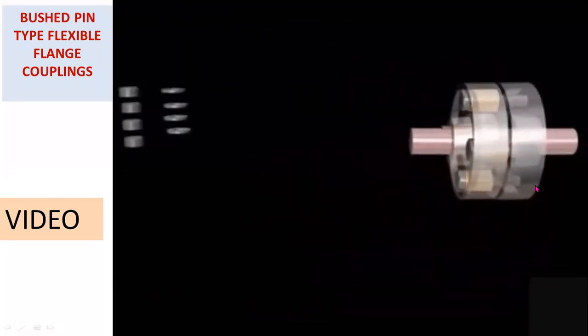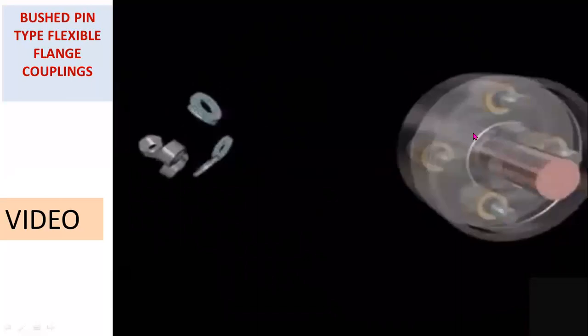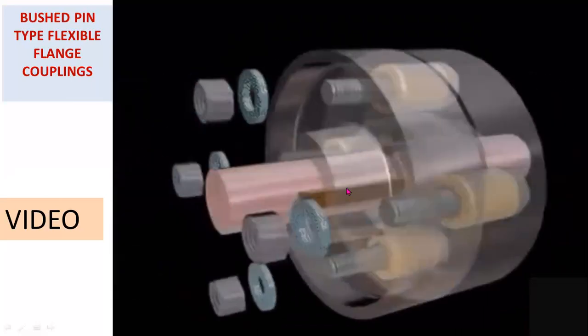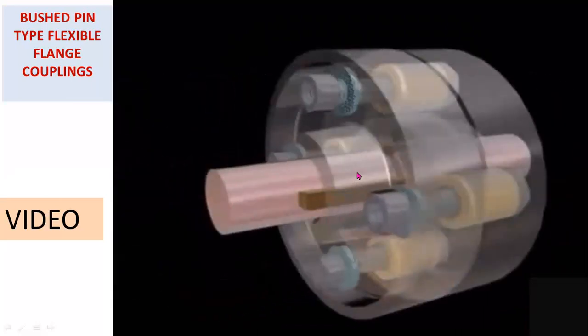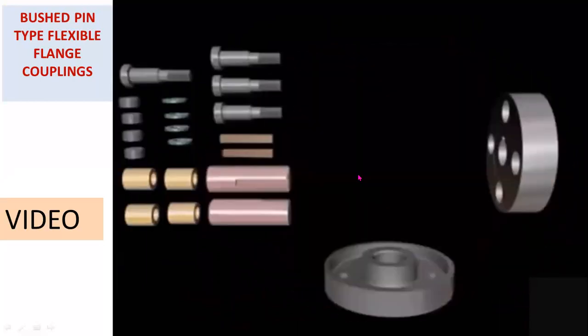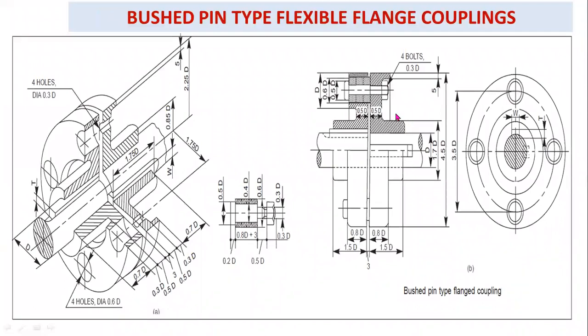So here bushed pins are used to join these two flanges. This is the cross-sectional view of a bushed pin type of flexible coupling.